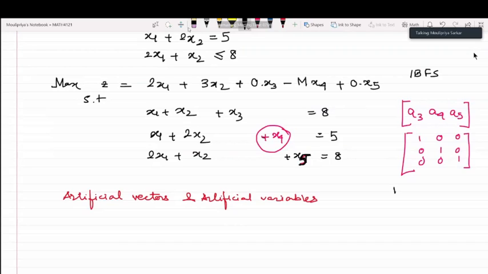What is M? M is very large. It almost tends towards infinity. Any doubt as of now? Please do let me know.